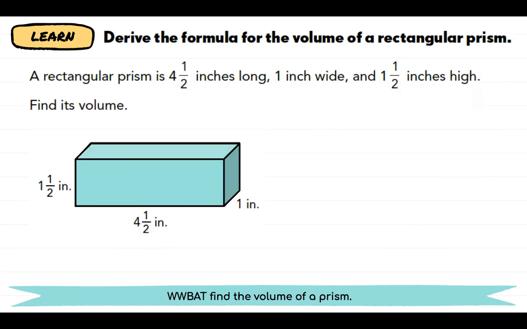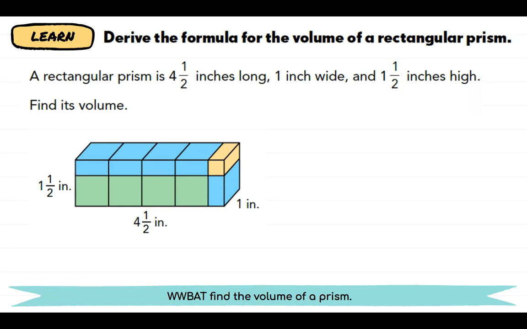Now this first example says a regular prism is 4.5 inches long, 1 inch wide, and 1.5 inches high. Find its volume, meaning how many cubic inches can fit inside this box. So I'm going to draw it. Since there's 4.5 inches, I will put this cube inside.